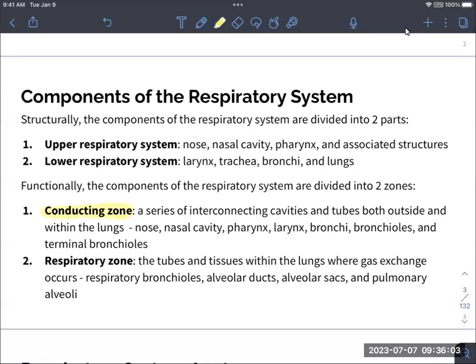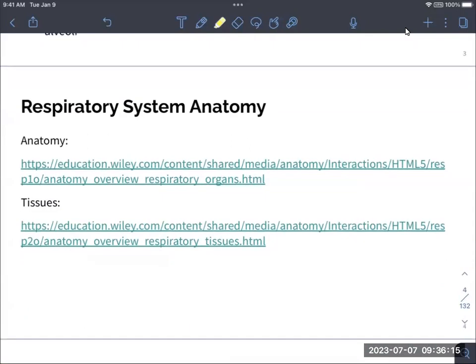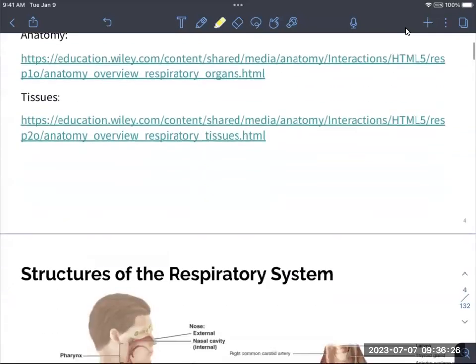And then the respiratory zone, that is the area where the gas exchange will actually take place. So these two videos will go through an overview of the anatomy of the respiratory system and the different tissues within the respiratory system.